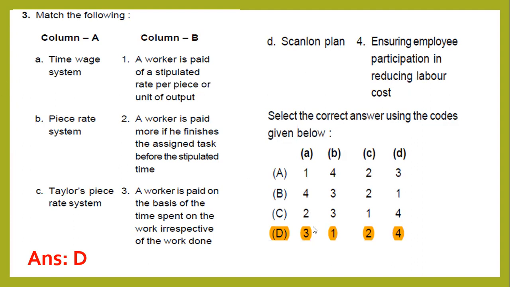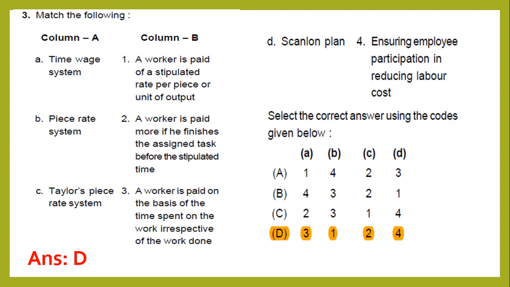Time wage system is related to a worker being paid on the basis of time spent on the work irrespective of work done. Then we have B, it is 1, that is piece rate system. Here the worker is paid a stipulated rate per piece or unit of output. Then we have C, it is 2, that is Taylor's piece rate system.